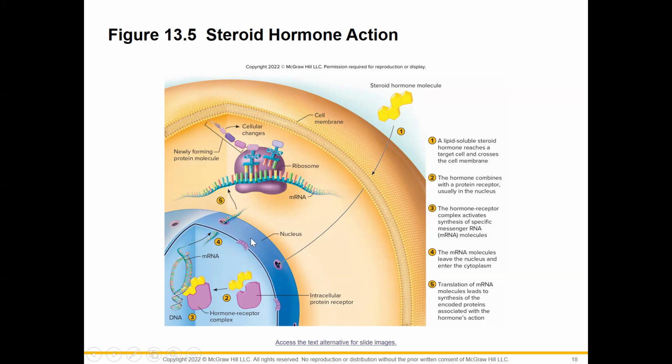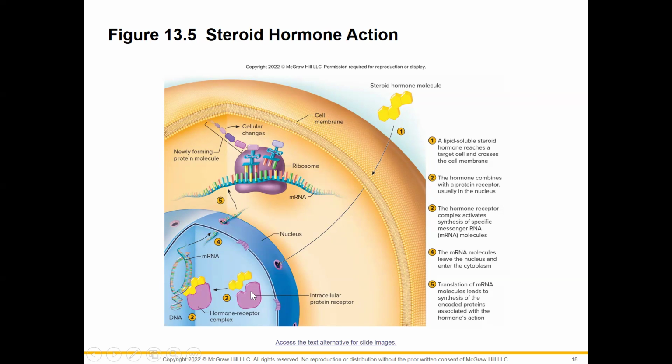Eventually, it'll find its way in the nucleus because this membrane, the nuclear membrane, is also made up of lipids. The steroid can then move through the nuclear membrane and go into the nucleus. It will bind to the receptor that is inside the nucleus.